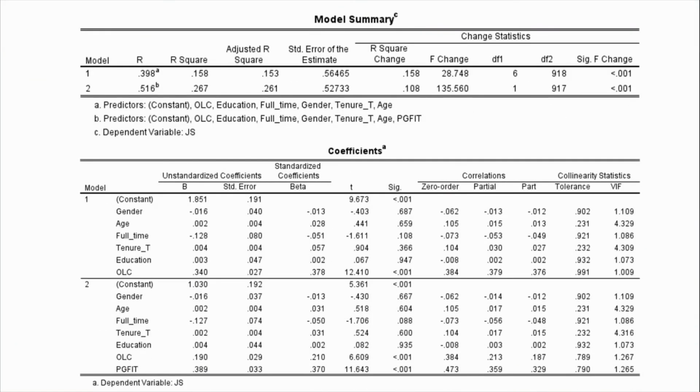Now, the two tables that we need to focus on are the model summary and ultimately the coefficients table. When we first entered all the control variables in step 1, which is our model 1, the model explained 15.3% of the variance in job satisfaction.